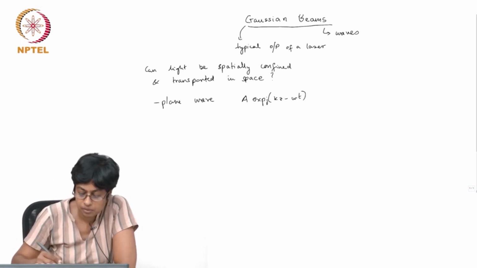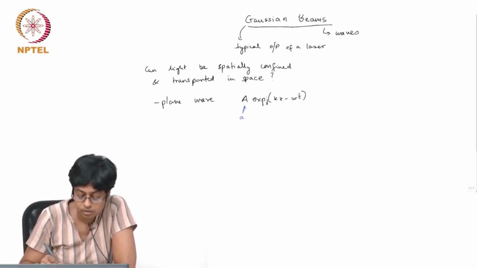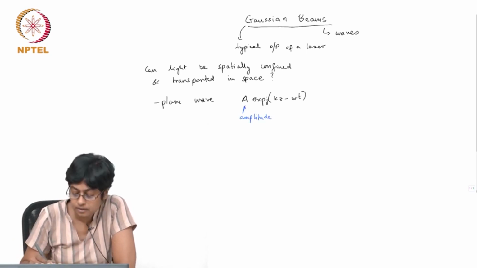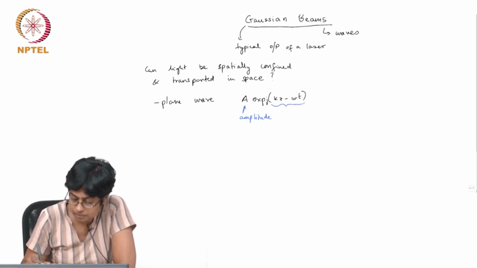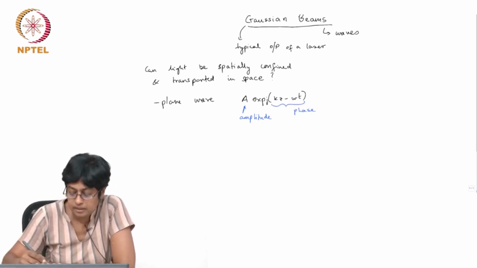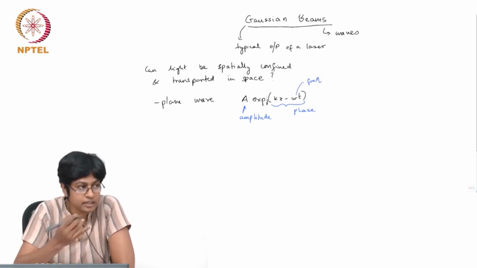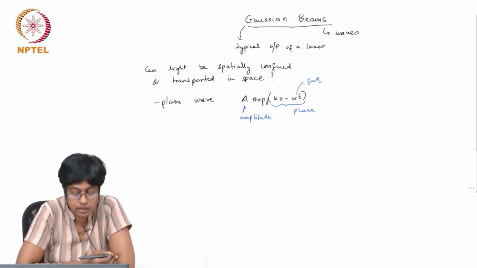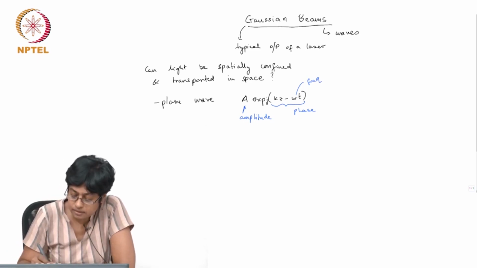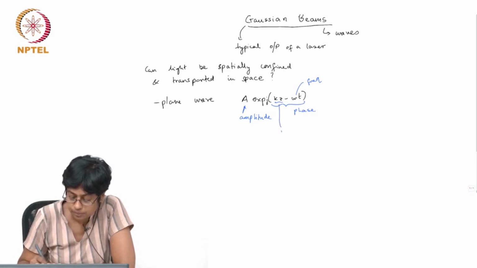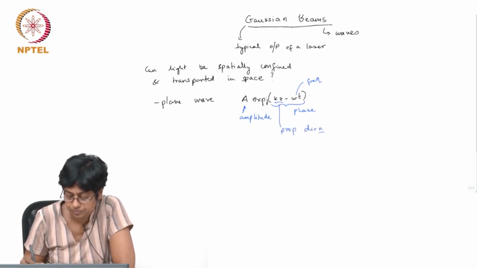I'm talking about the amplitude, this entire term in the bracket is the phase, but this relates to the frequency, or I can relate it to the wavelength of that wave, and this to the propagation direction, that z is the propagation direction.